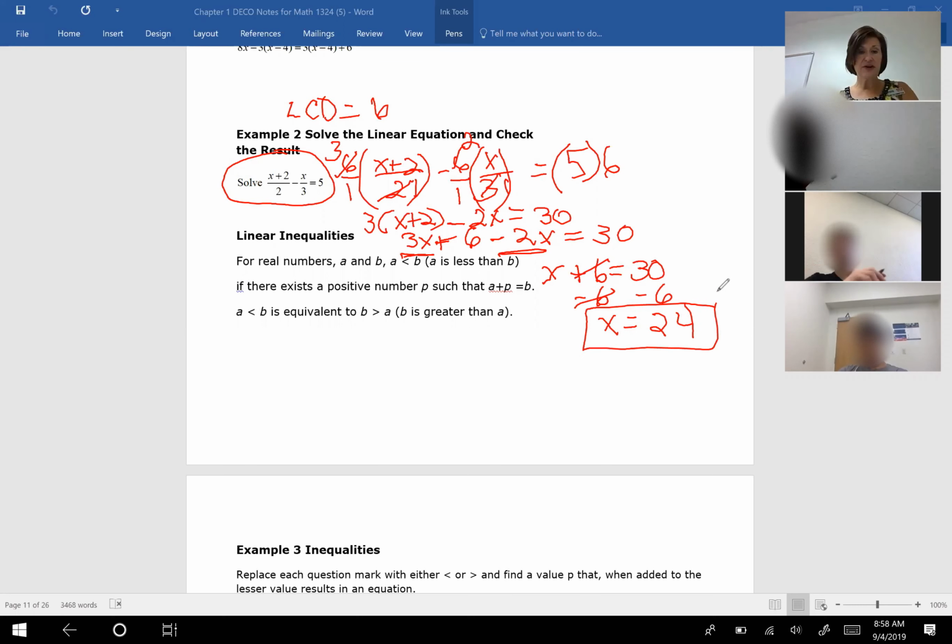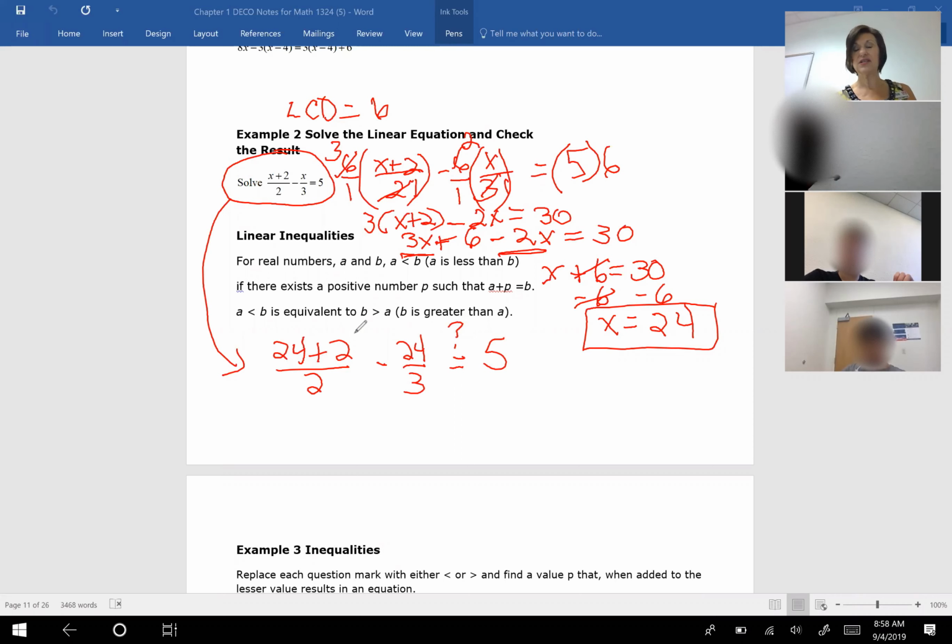Now, it said we want to be sure and check it. So if I go back up to the original problem, when I check this, I'm going to put 24 plus 2 over 2 minus 24 over 3, and I'm going to see if that equals 5. So how much is 24 plus 2? And if I take 26 and I divide it by 2, that's how much?